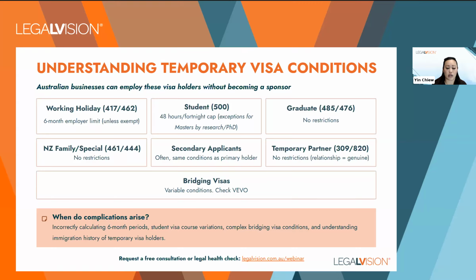But they're complex because they are all different types of temporary visas that have specific conditions on them. And then you may be dealing with an employee that may be the primary applicant or the secondary applicant to, say, a student visa or a graduate student visa, and therefore the conditions may be different.